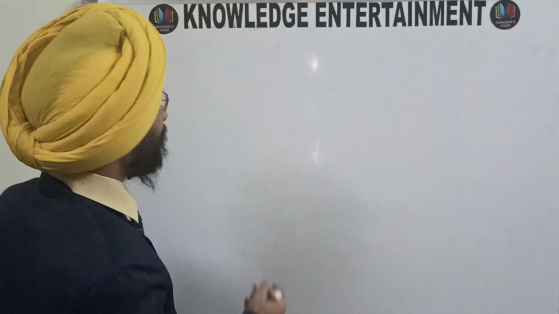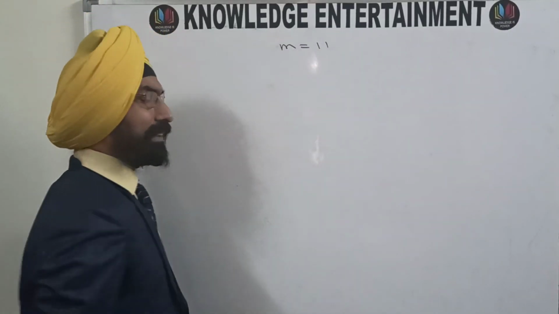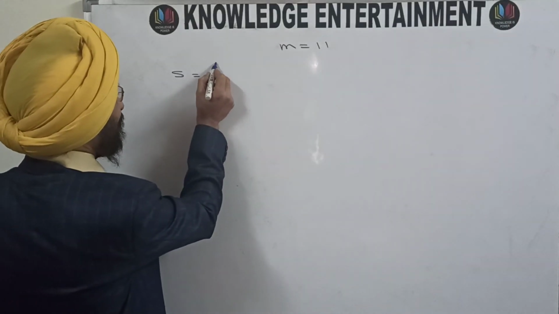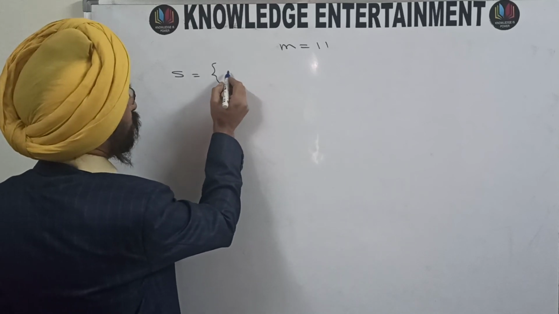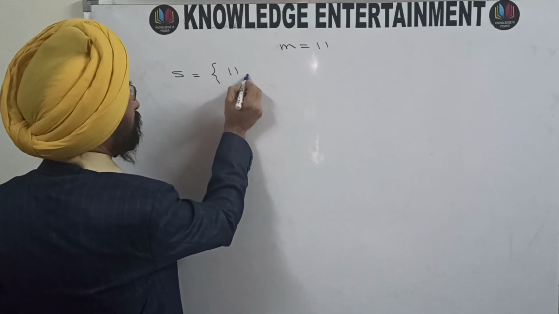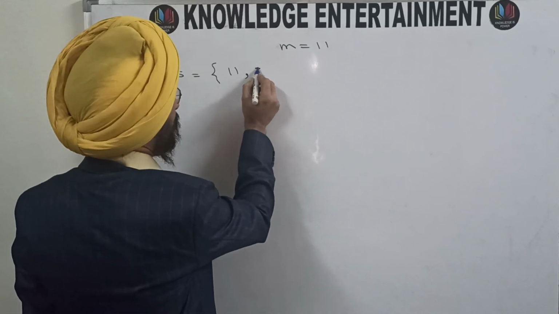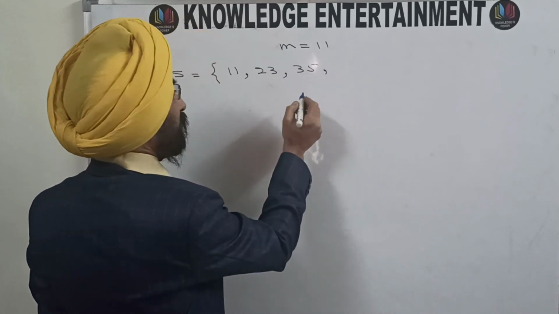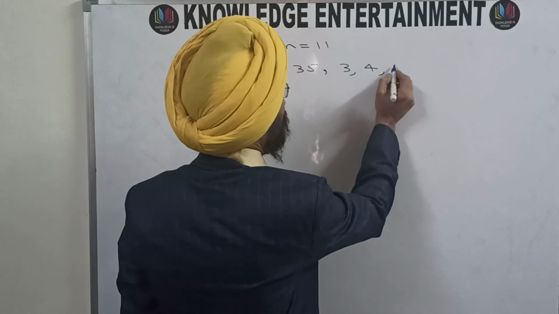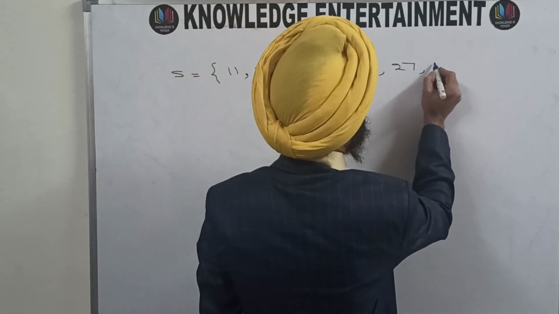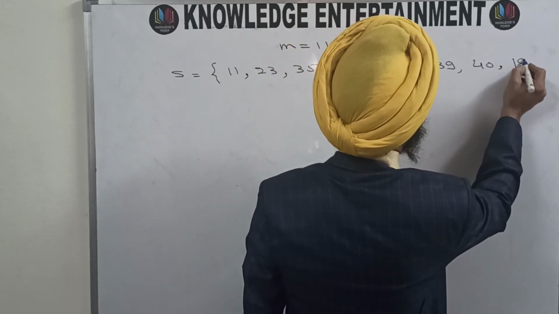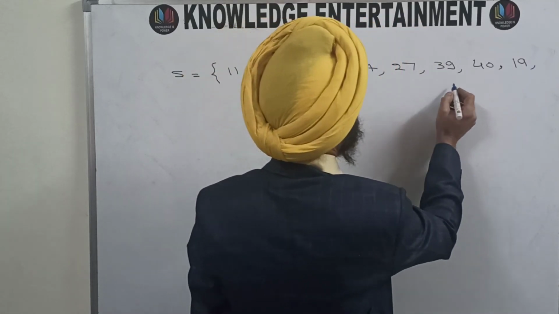Suppose I am having m to be 11, and I am writing a set S as 11, 23, 35, 3, 4, 27, 39, 40, 19, 20.